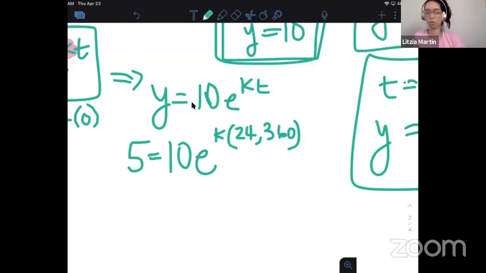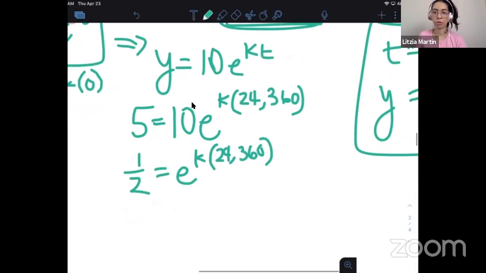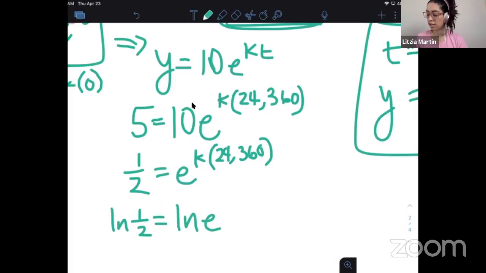We just need to divide by 10, so that's going to be 1/2. And then to get rid of e, we'll take the ln of both sides. So we have ln of 1/2 is equal to ln e to the k times 24,360. So now ln and e will cancel out.